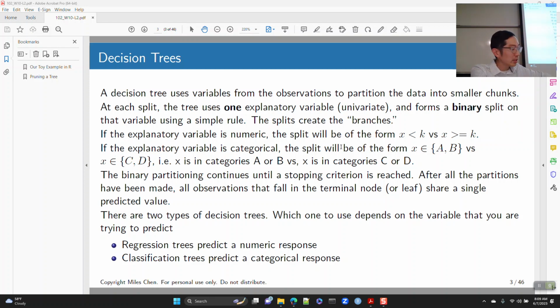But let's say you have a total of four levels of splits. You can have at most 2 to the 4, or 16, unique predicted values. For classification, having 16 different values might be enough depending on your data. You might have only 9 categories, and 16 is enough to hit them all. But if it's a continuous variable and you're doing a regression tree, you are only able to make 16 unique numeric predictions.